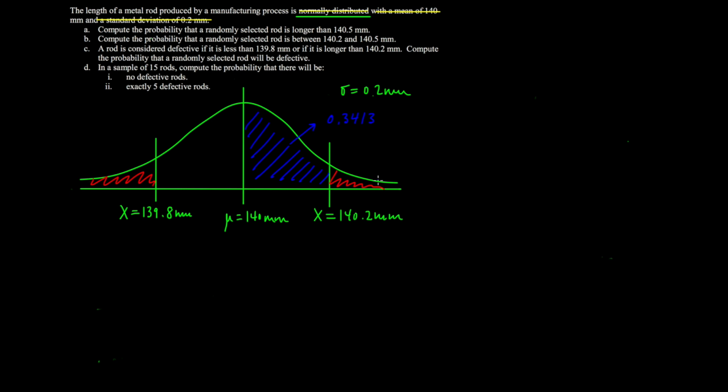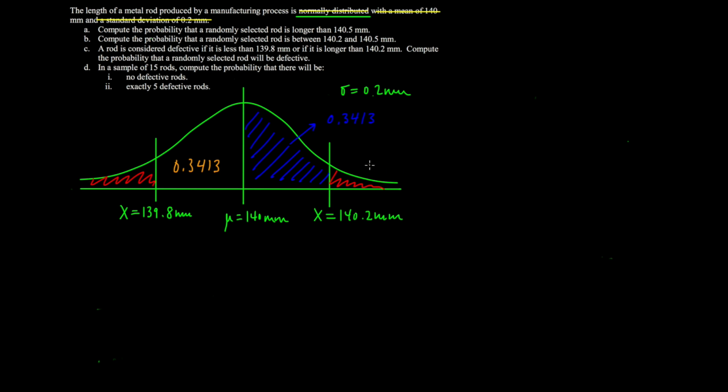And if you notice, the difference between these two and these two is 0.2, right? Except this is negative 0.2, which is going to give us a z-score of negative 1, and this is simply positive 0.2, which gave us a z-score of 1. But because the z-table is in absolute value, the probability will be the same. So this here will also give us a probability of 0.3413.